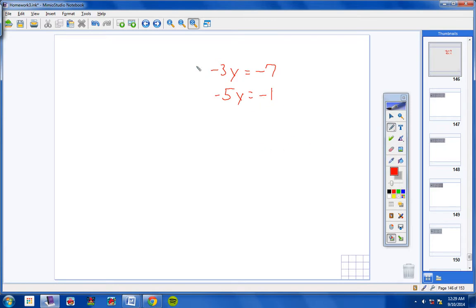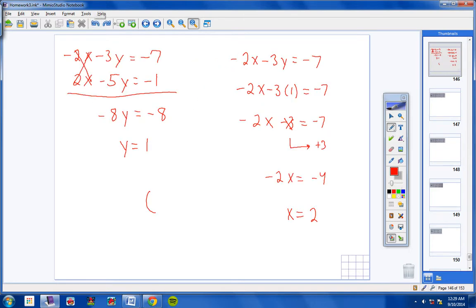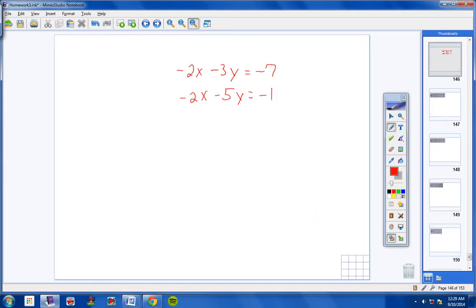And here we go. Negative 2x, negative 2x. No, that's not right. Oh, let's see here. Mr. Earhart, come on. Let's see what we got. Okay, so the bottom is a positive 2x. All right, here we go.